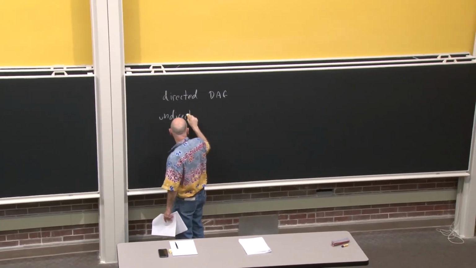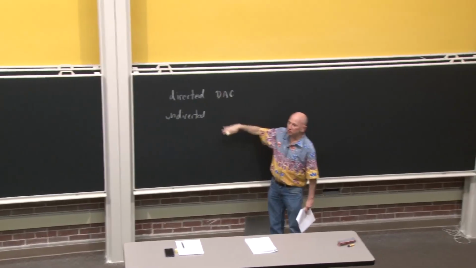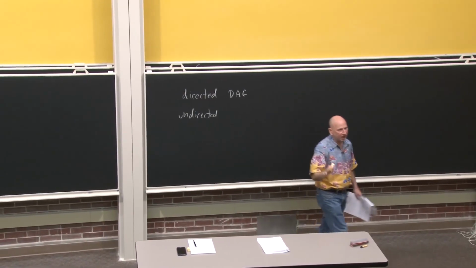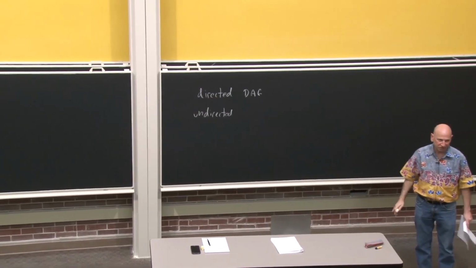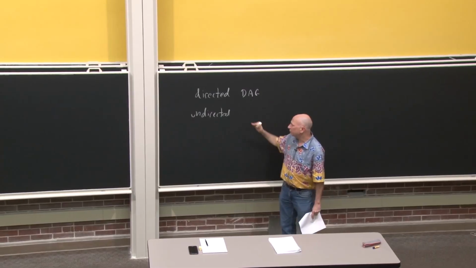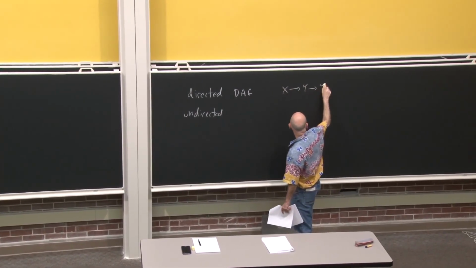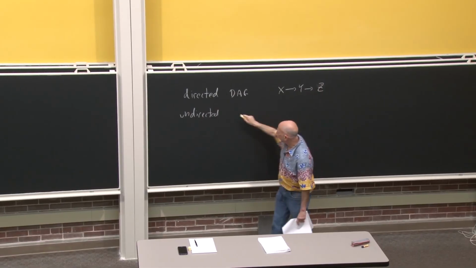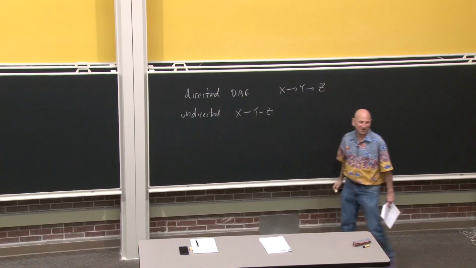There's a whole industry of people creating more general graphs, things in between these two, things that involve double lines, triple lines, arrows, non-arrows, and there's a large literature. But I would say the most commonly used and most useful ones are directed graphs, which means something like this, and undirected graphs, which, as the name implies, don't have arrows. That's the big difference.